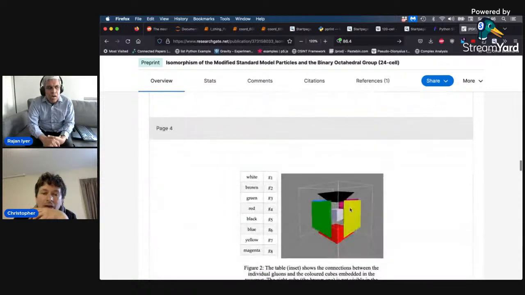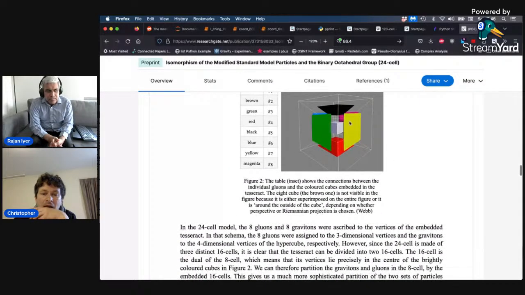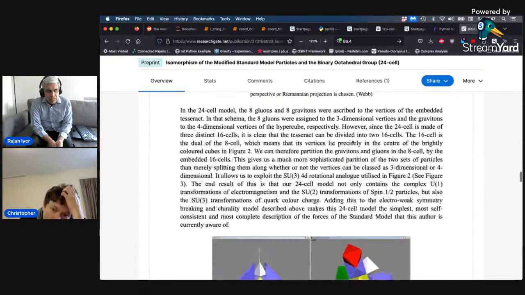And so that worked out well. And then we were also able to get the color charges. So that would be the strong theory, right? Yes. The strong force we had.